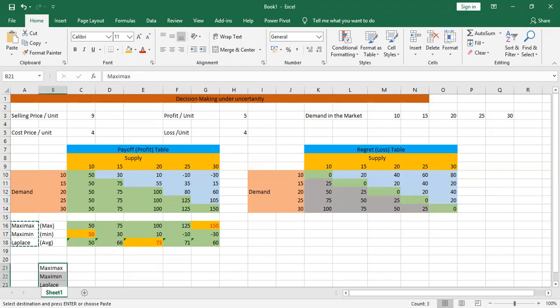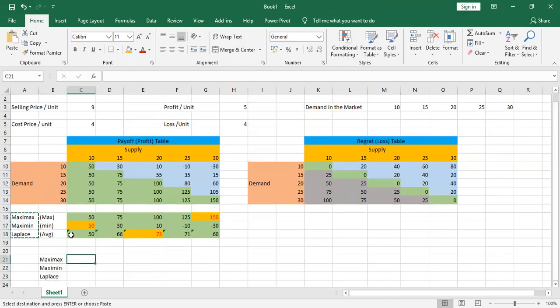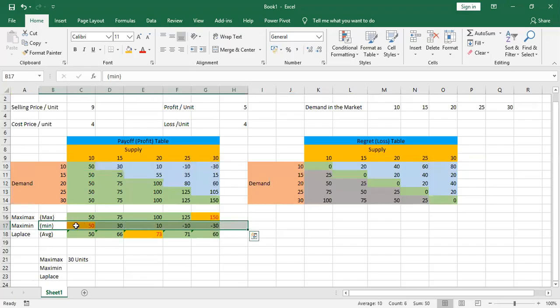Ultimately what happened? The maximax criteria. Maximax is 150 for 30 units. And the maximin criteria: minimum and maximum is 50 rupees for 10 units.